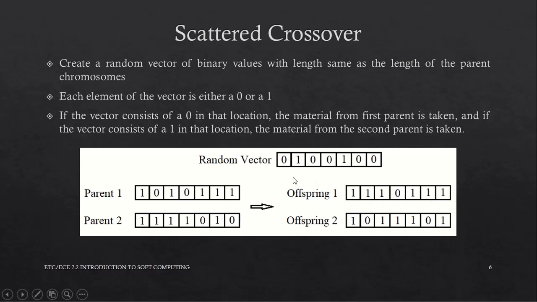So therefore, in our case, the first offspring becomes 1, 1, 1, 0, 1, 1, 1. And the second offspring becomes 1, 0, 1, 1, 1, 0, 1. This is the scattered crossover.